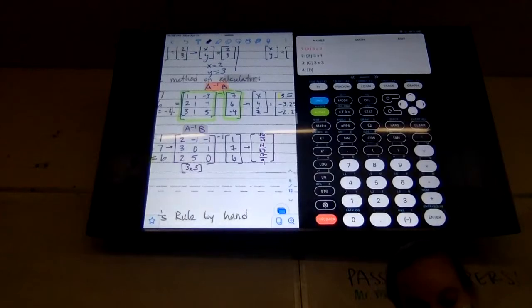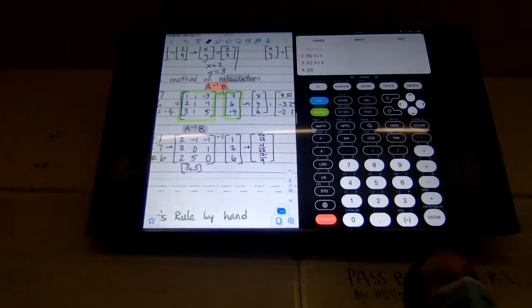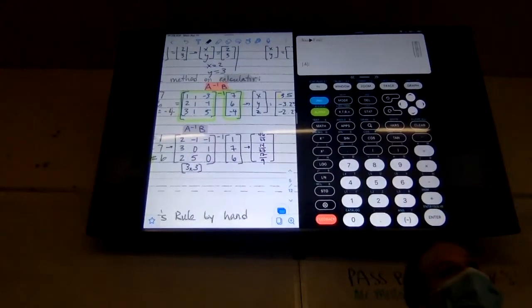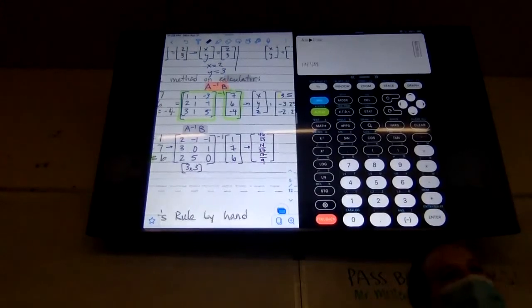Like how did you get the negative 1 A? So I went to matrix and I had already adjusted matrix A. So I knew matrix A was what I wanted. So I just press enter. And then -1 is the button we kept pressing for matrix, but just don't press second before it. Just press x to the negative first. And then I'll do second matrix again to get matrix B up there. And then I press B.